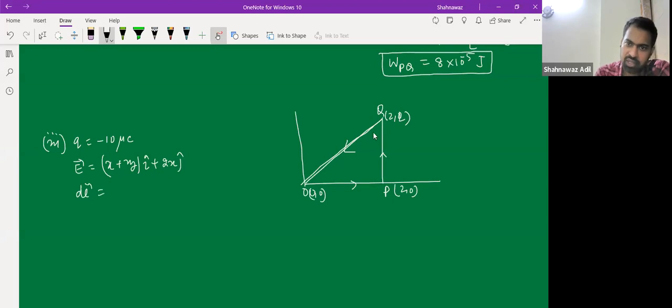So now, can you tell me whether we are changing in X direction, Y direction, or both directions? In which direction are we moving? For the path QO, are we moving in X, Y, or both?